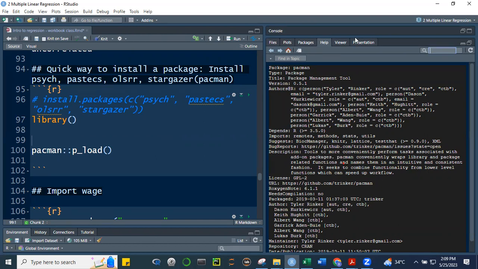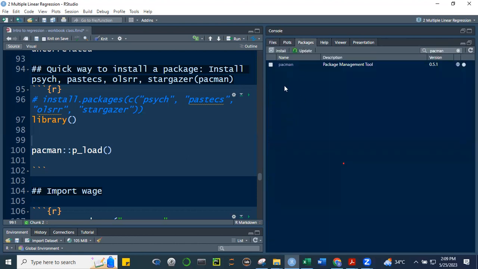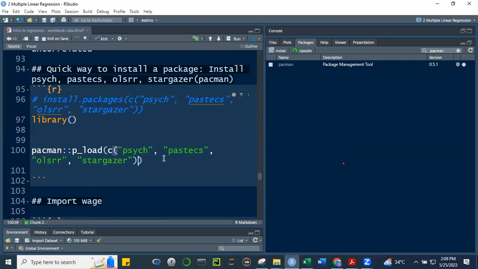So si pacman, maganda siya pag mag-load ng packages. So let's illustrate that. First, make sure that pacman is already installed. Install.packages muna si pacman. And then afterwards, irarun natin to. No? So, i-run ko to. And then, tatanggalin natin yung hindi na kailangan. Itong kagandahan kay pacman. Yeah, if I'm not mistaken, let me check.